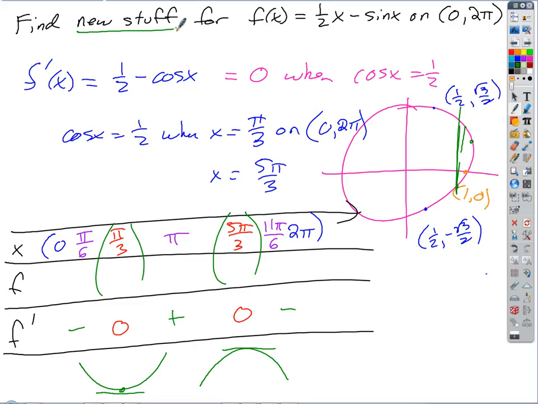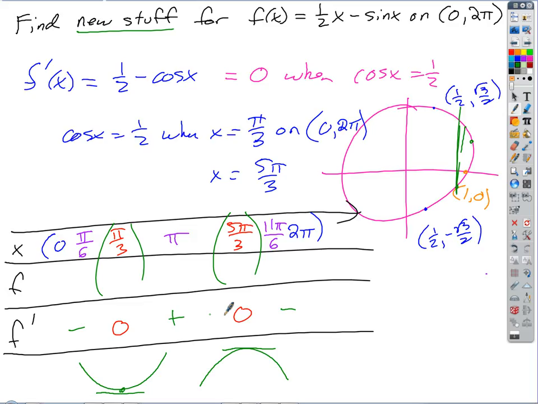So tell me, Hunter, on our domain, on what interval is our function increasing? When x is what? Okay, so pi over 3 is less than x, but less than.